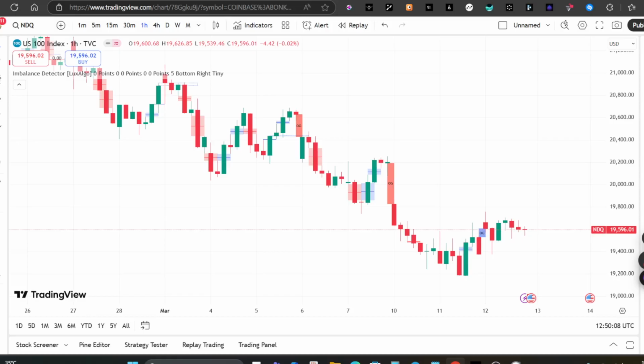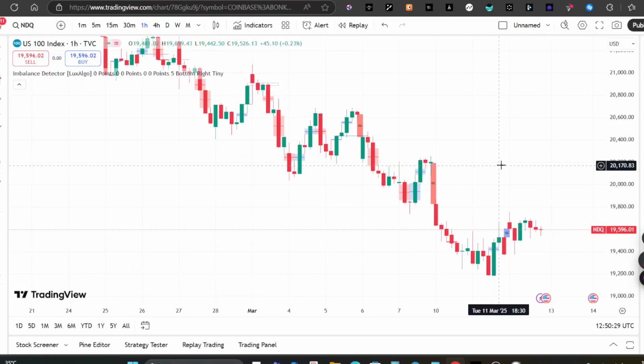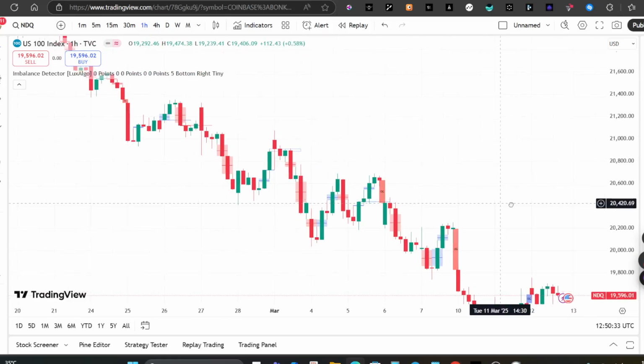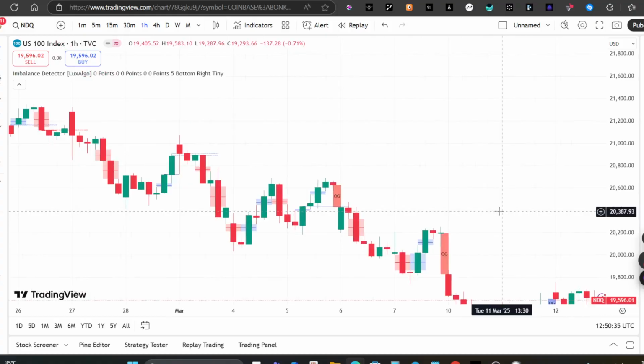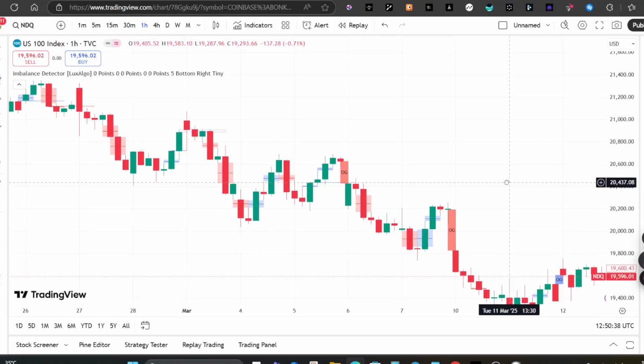Another method is using order flow tools or volume profile indicators to see where liquidity is missing. These areas of low volume trading often indicate an imbalance that price may revisit. You can also use smart money concepts, focusing on liquidity zones where institutions tend to enter and exit trades. When you combine these techniques, you start to see patterns that most retail traders completely overlook.